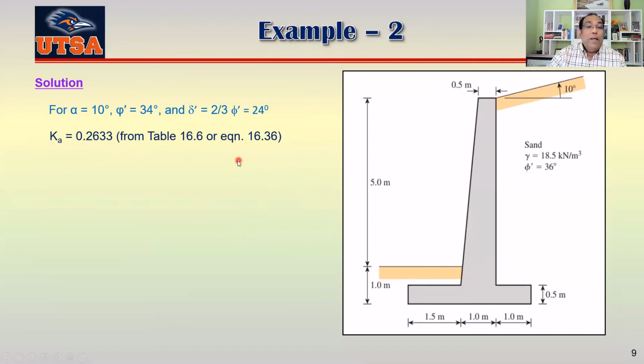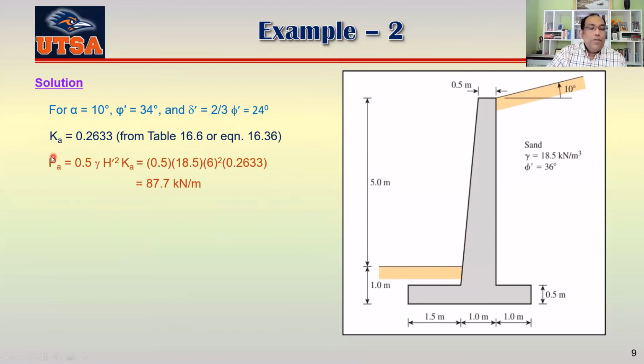So we use this table, which is only applicable for granular soil and a vertical back face. Okay, table 16.6 or equation 16.36 is for sandy soil where the back face of the wall is 90 degrees. That's the simplification from the generalization. That's table 16.6.